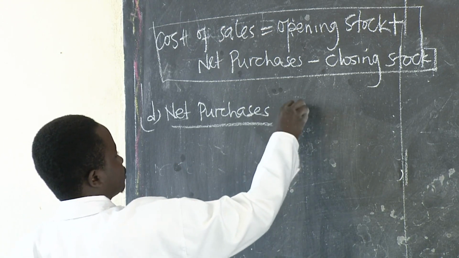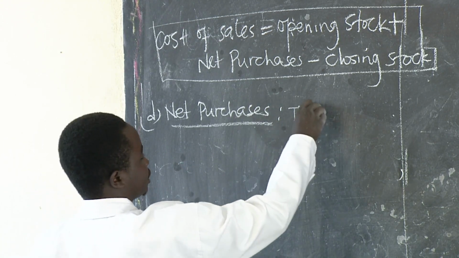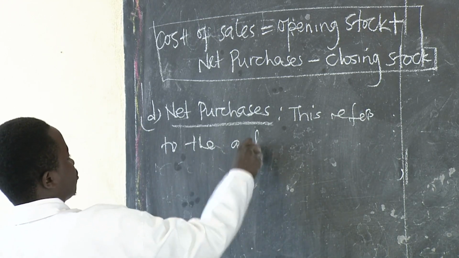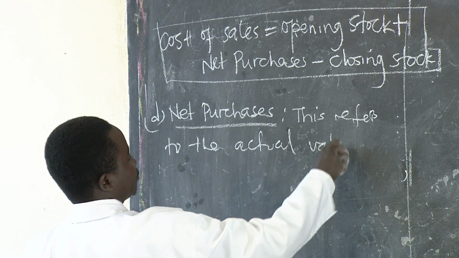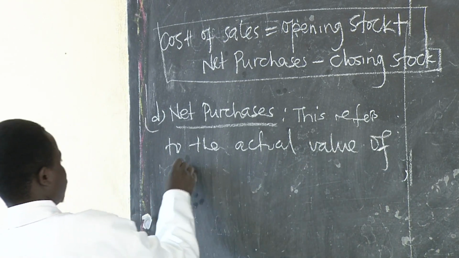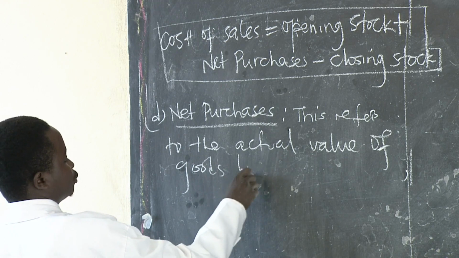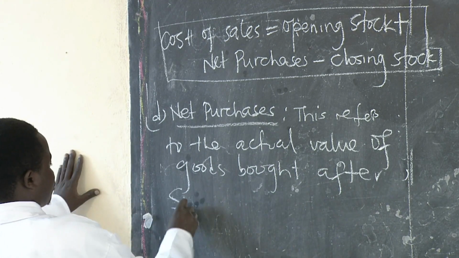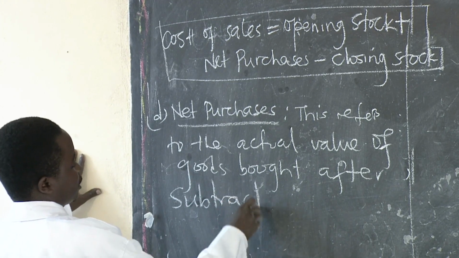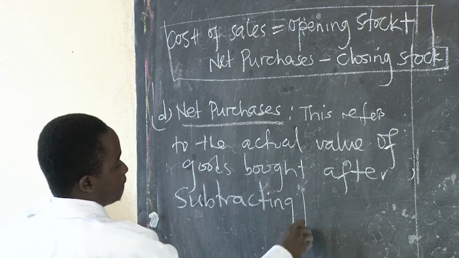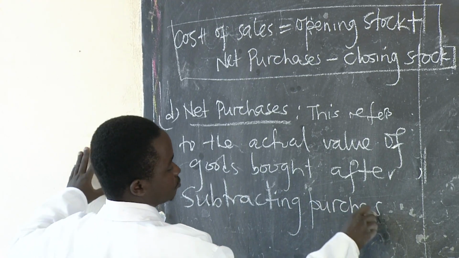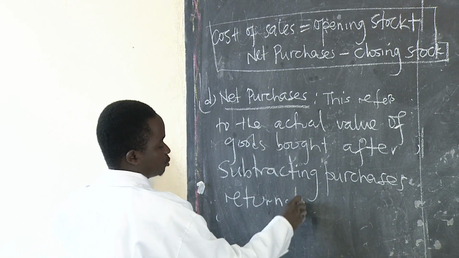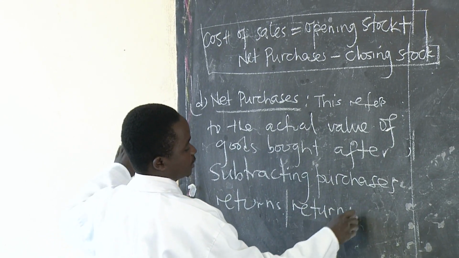So when you say net purchases, this refers to the actual value of goods bought after subtracting what you call purchases returns, what we call return outwards.